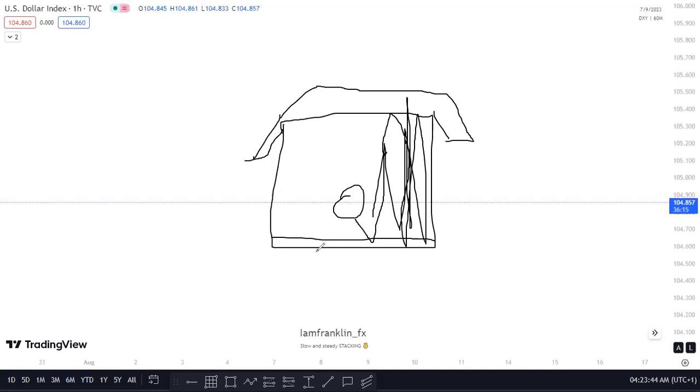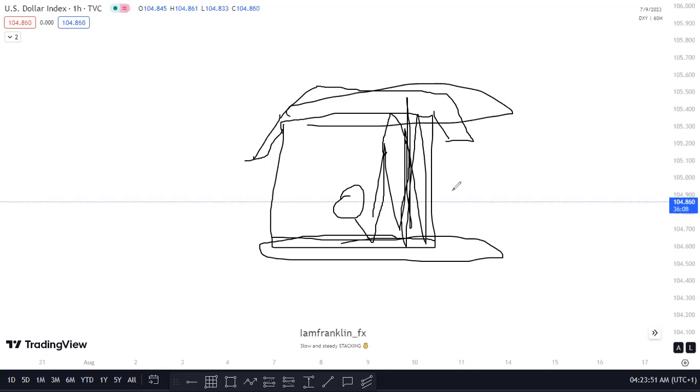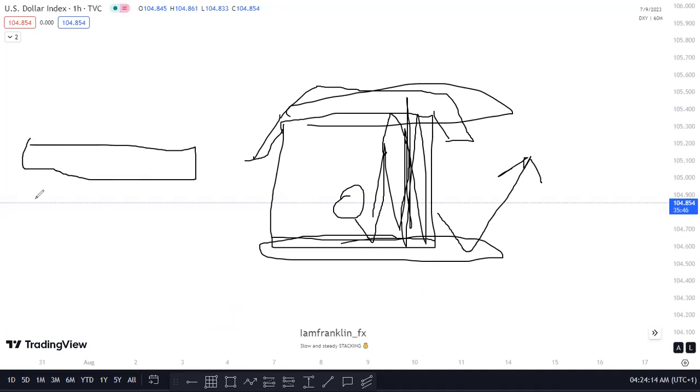So in Forex trading, this floor is what we call support. And this top is what we call resistance. So what does this mean? This means that support is a place where price tends to bounce and then reverse up, right? And resistance is a place where price tends to bounce and reverse down, right?